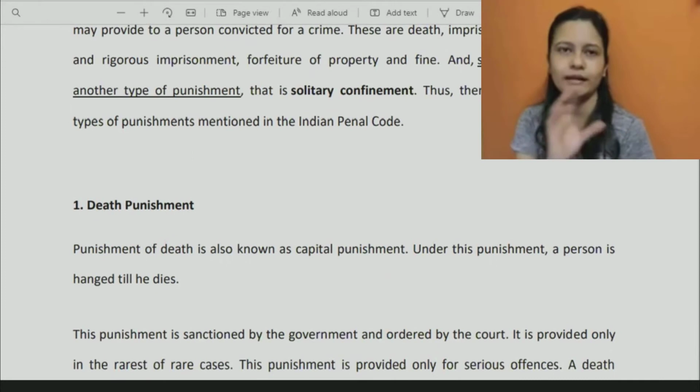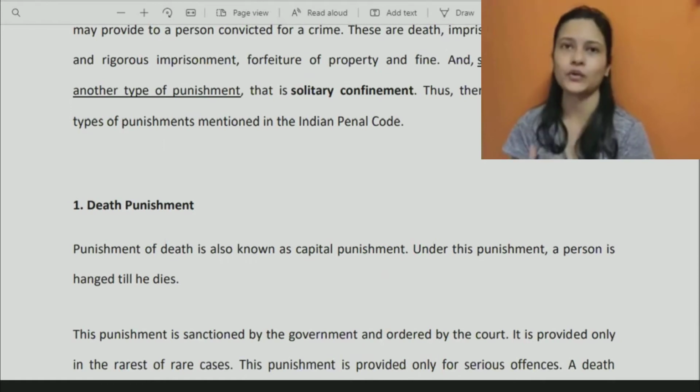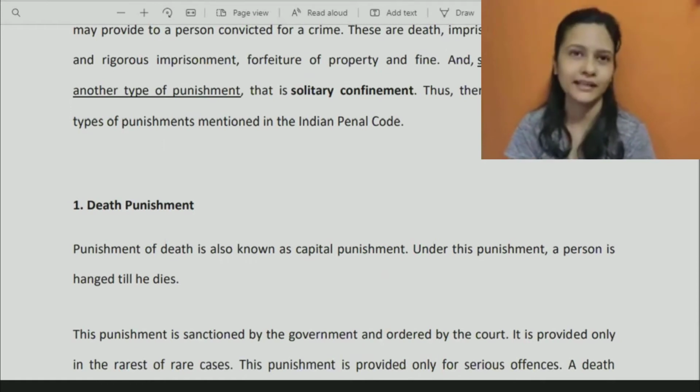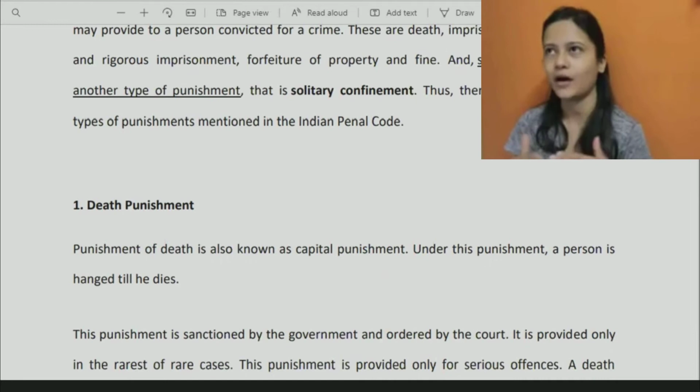So under the Constitution, right, we have different articles. There is one article, Article 21, which provides a fundamental right, the right to life and personal liberty. Article 21 says that we have a right to live a dignified life. When we say right to life, it does not mean mere animal existence, that somehow we are surviving.